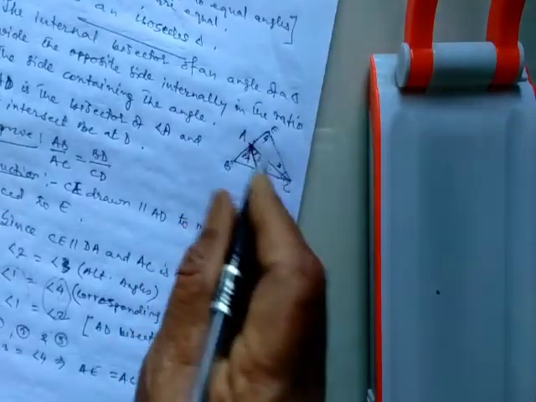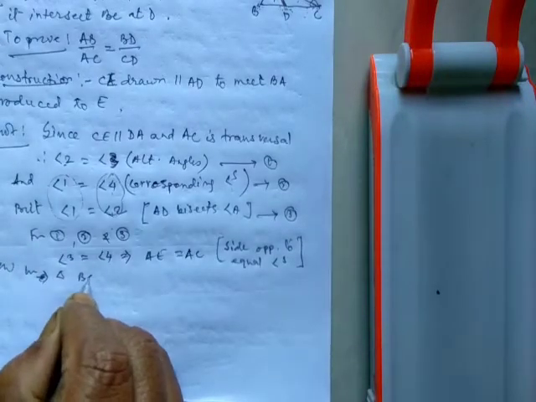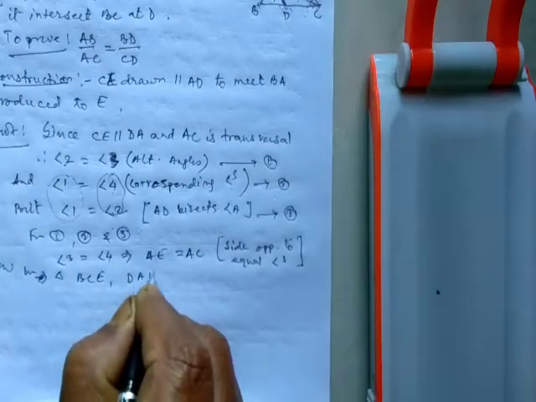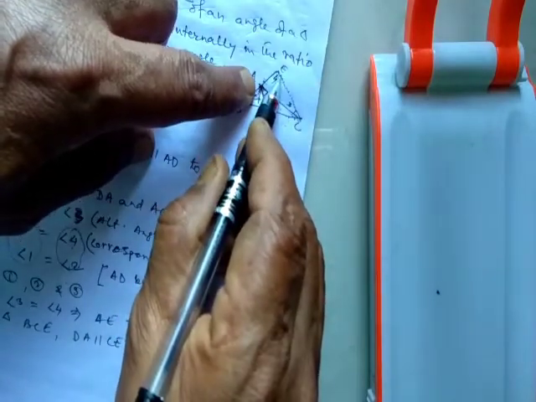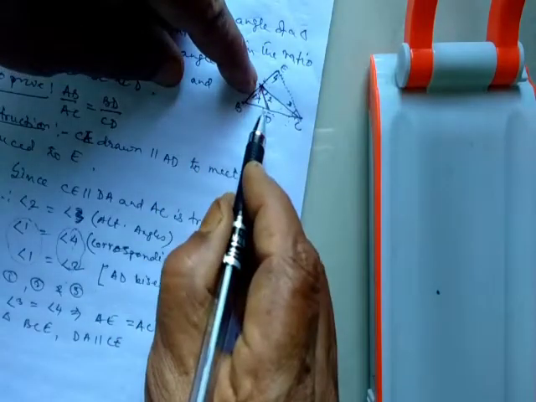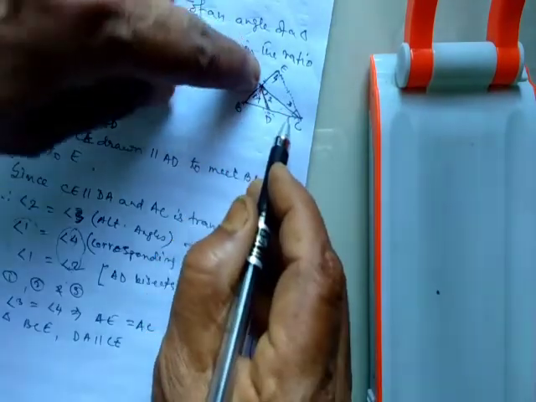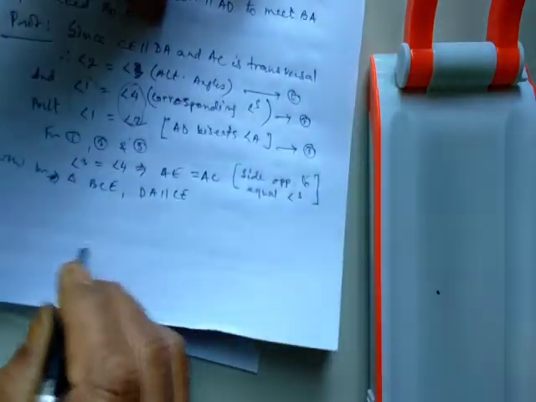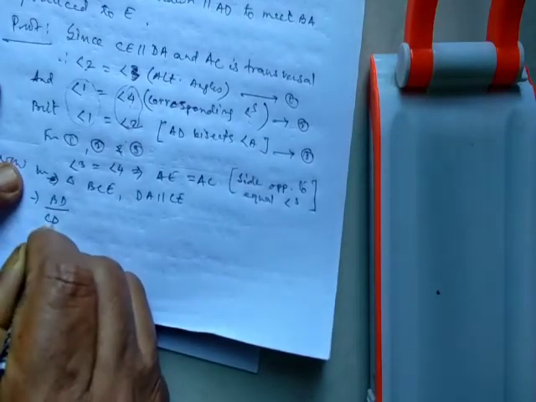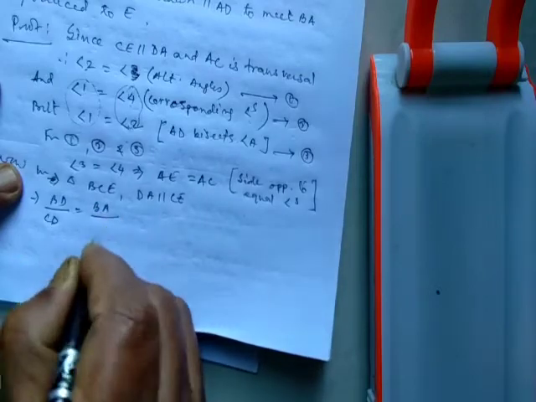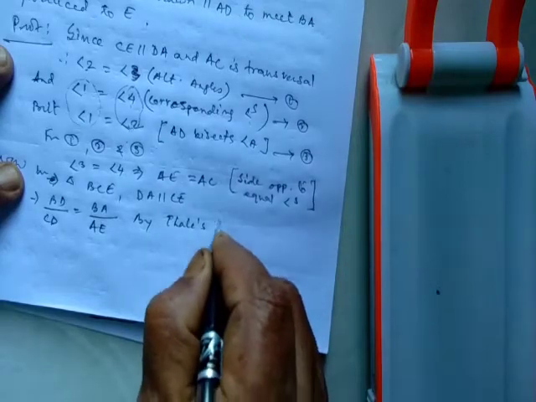Now in triangle BCE, DA is parallel to CE. These two are parallel in this triangle, then their sides are in proportion by Thales theorem. This implies BD by CD is equal to BA by AE, by Thales theorem.